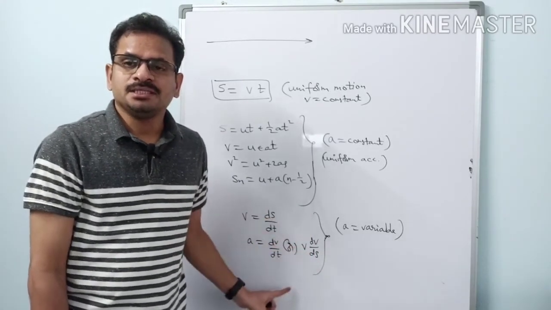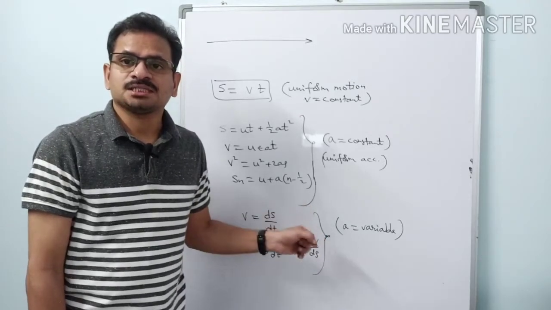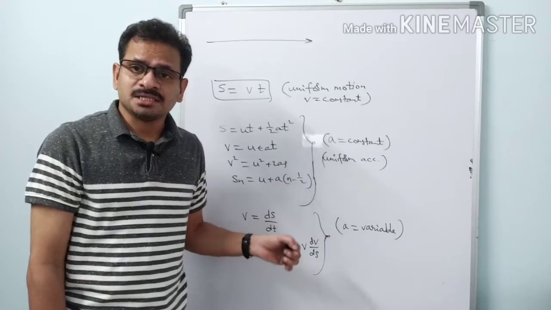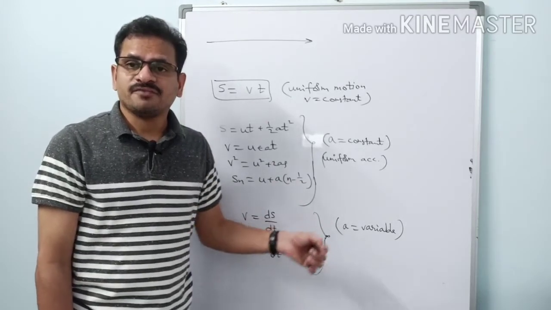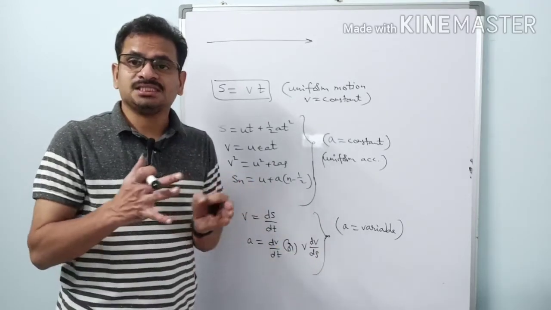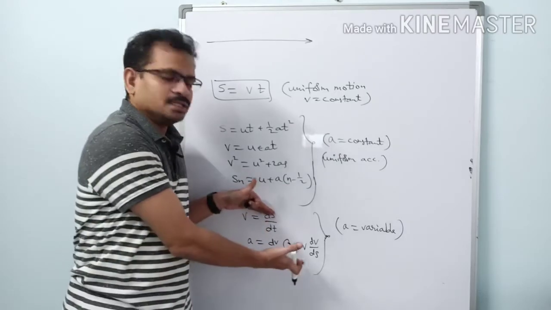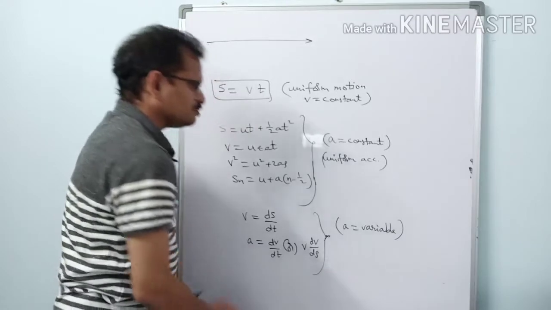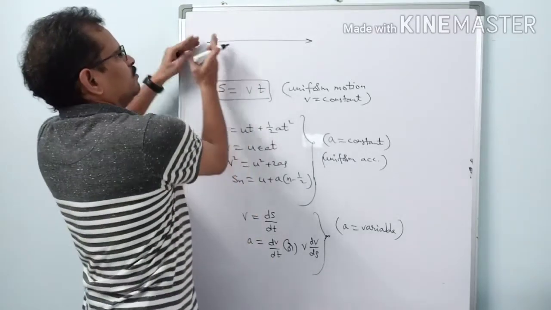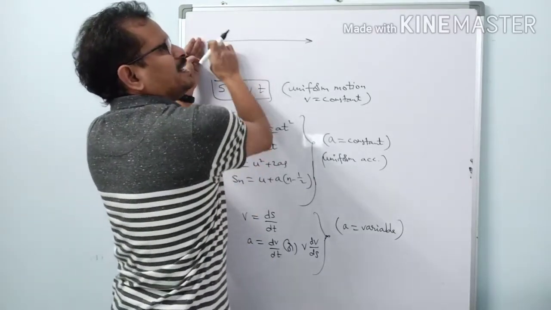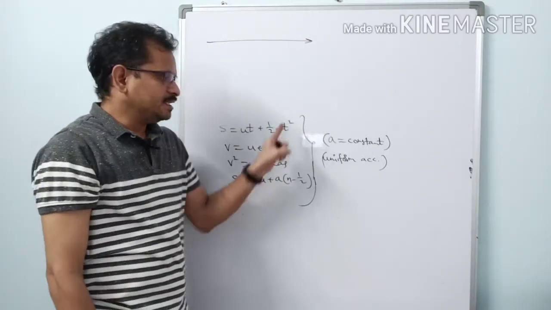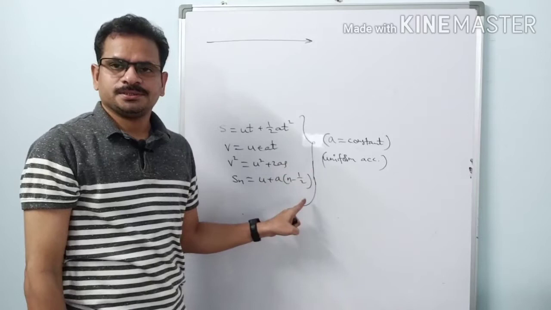When the velocity is expressed as a function of time or as a function of displacement, or acceleration is expressed as a function of time or as a function of displacement, to find instantaneous values, we use these expressions. Till now there is no problem because the motion is along a straight line in a single direction. Now let us consider this set of equations.